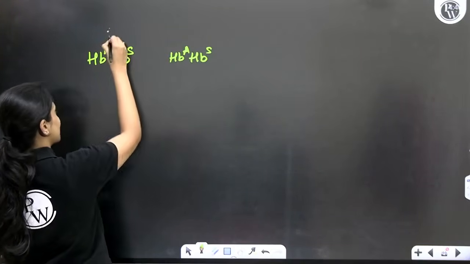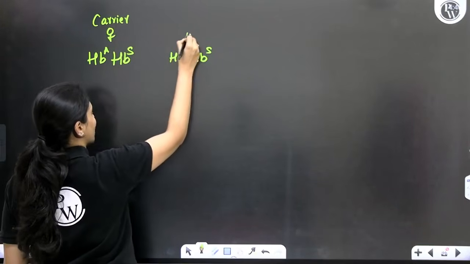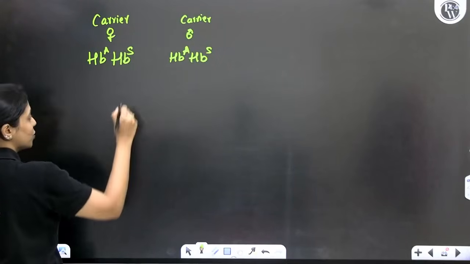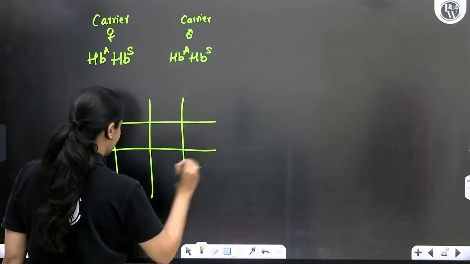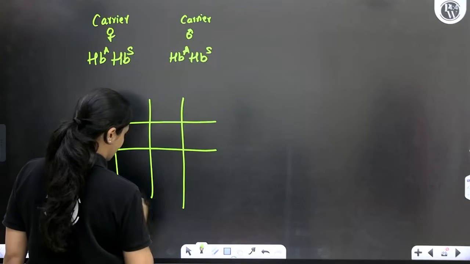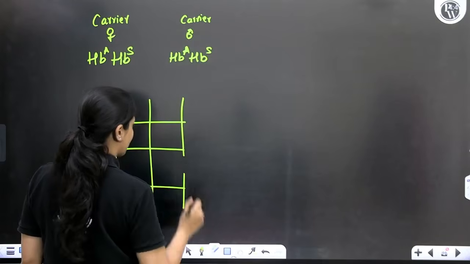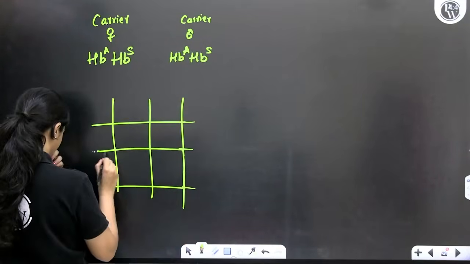Okay, so this mother is a carrier. Father also, let's assume, is a carrier. They will both produce 2 types of gametes.